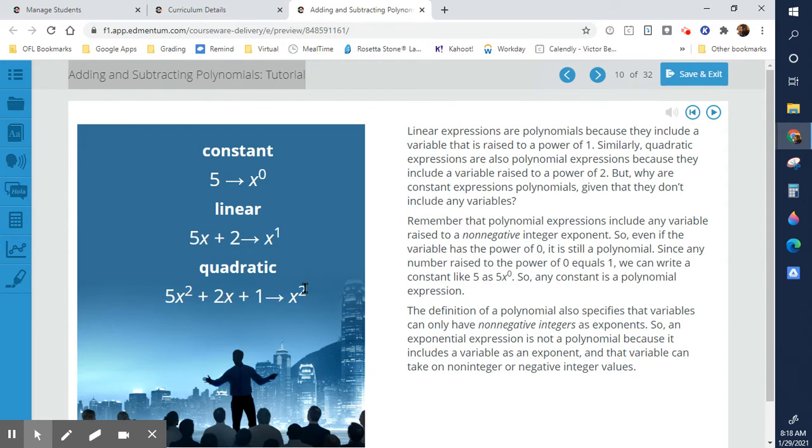The highest power of a quadratic is a square. So this is how we identify it. You can have a quadratic that doesn't have an x. It doesn't have a constant. So they're identified by their highest power. You can't call this function a quadratic when it doesn't have an x squared. Doesn't work that way.